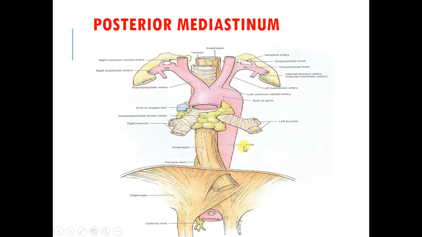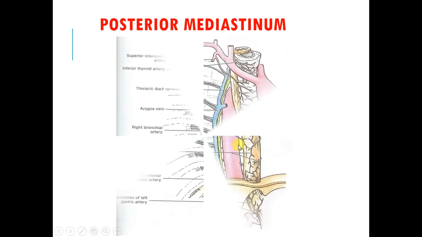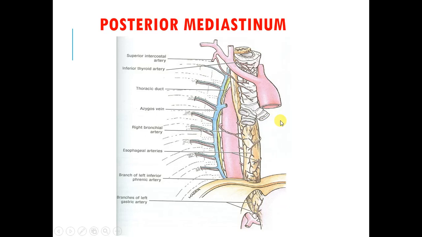Another diagram showing the structures in the posterior mediastinum: the esophagus and descending thoracic aorta, the main structures present in the posterior mediastinum. Another simple diagram shows the structures in the posterior mediastinum: the azygous vein, thoracic duct, descending thoracic aorta, esophagus, and also the sympathetic chain.